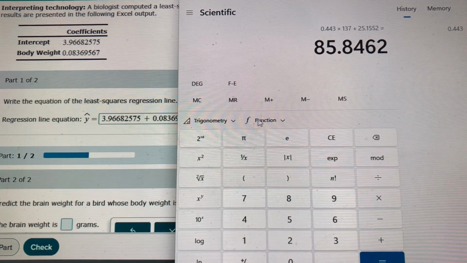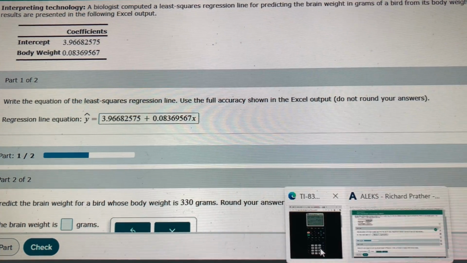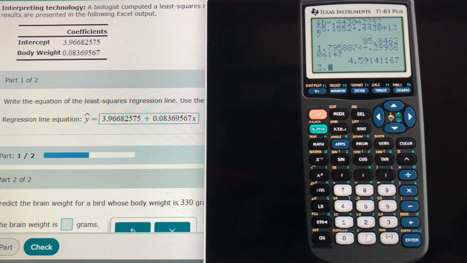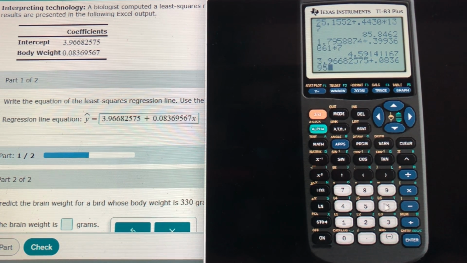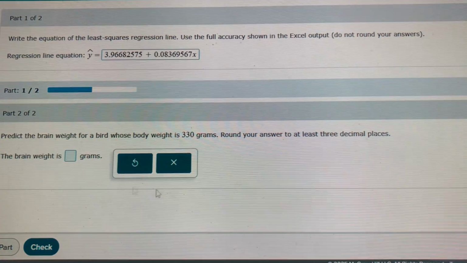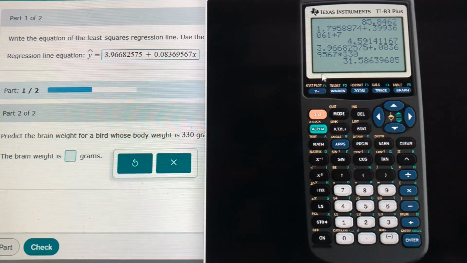Let me do it on the better calculator: 3.966825575 plus 0.0836957 times this 330 they're giving me, and round to 3 decimals. 31.586, and there's a 3 after that, so leave it 31.586.